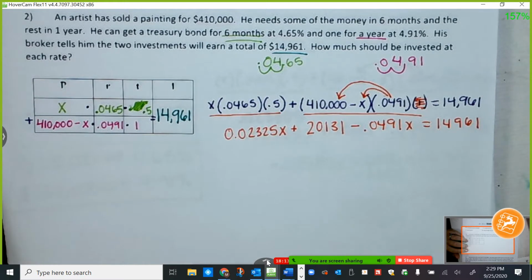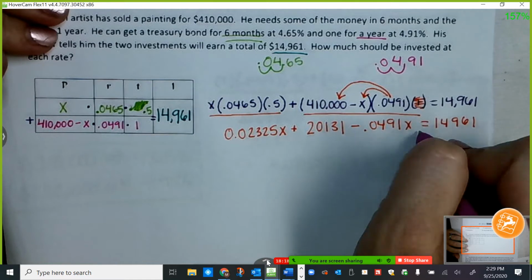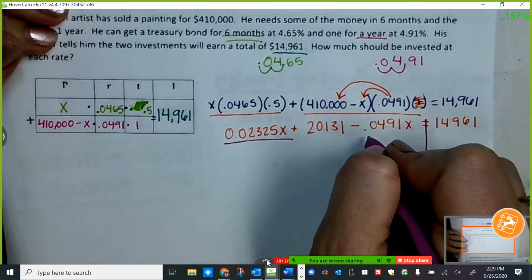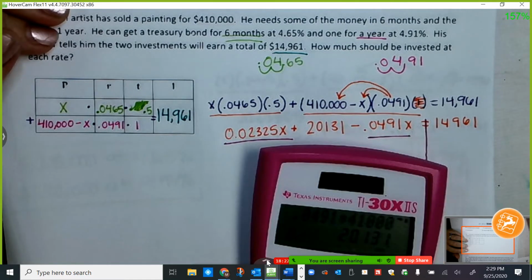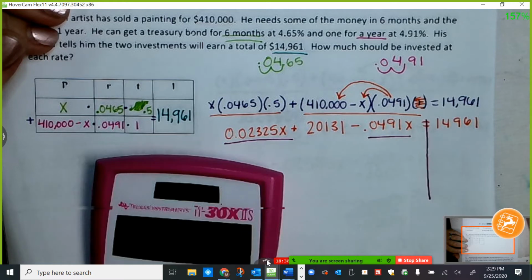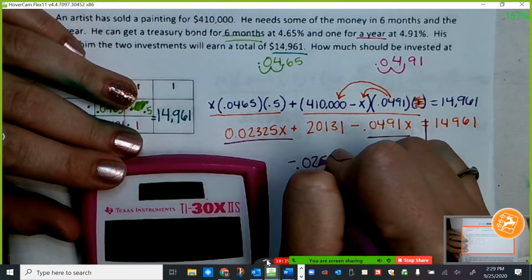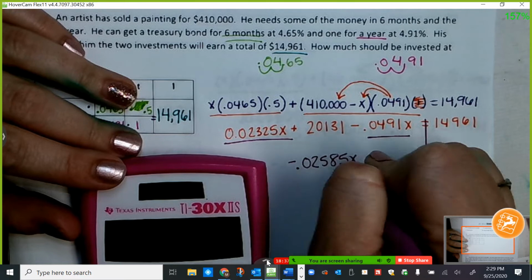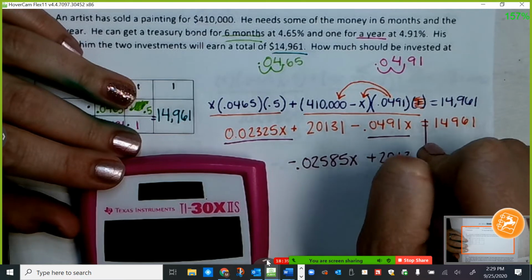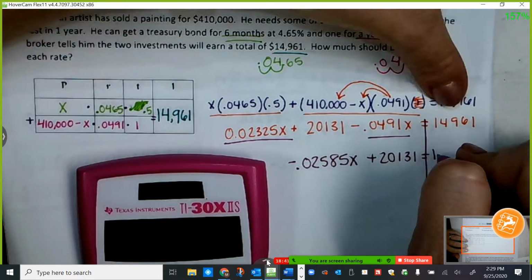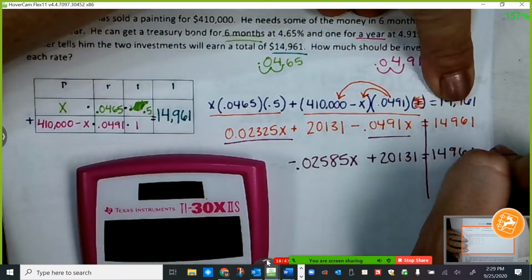Now what do I do? Combine our like terms. So 0.02325 minus 0.0491 is negative 0.02585x. Now what?